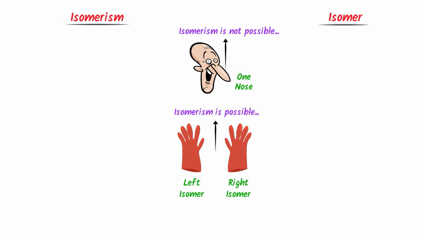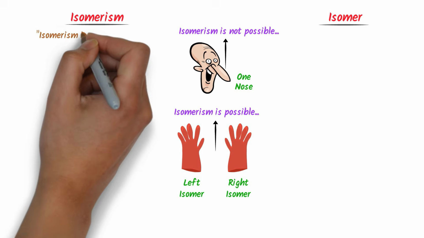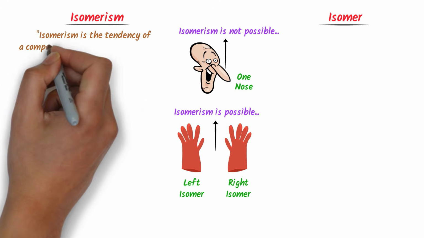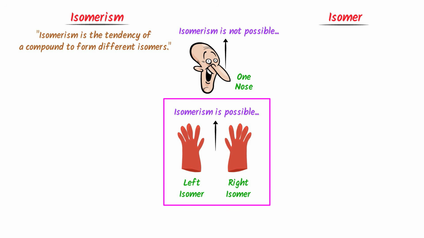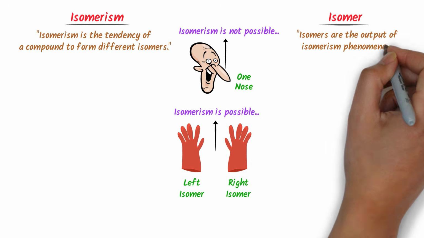Therefore, personally, I say that isomerism is the tendency, ability of any compound to form different compounds having different structures. For example, our hands have the tendency to form two compounds having different structure, while isomers are the outputs of isomerism.